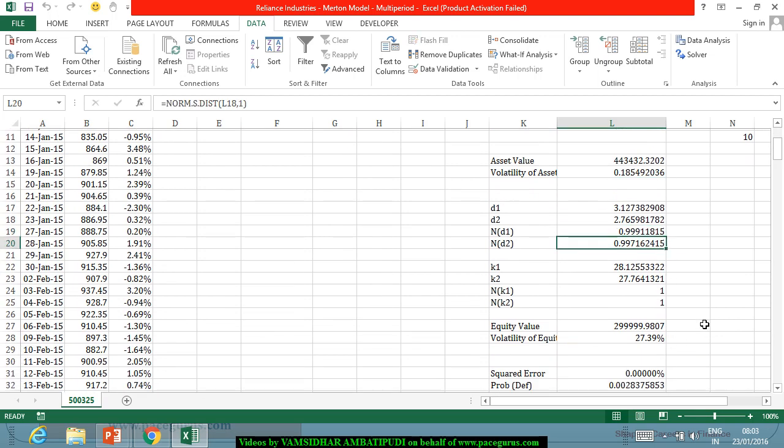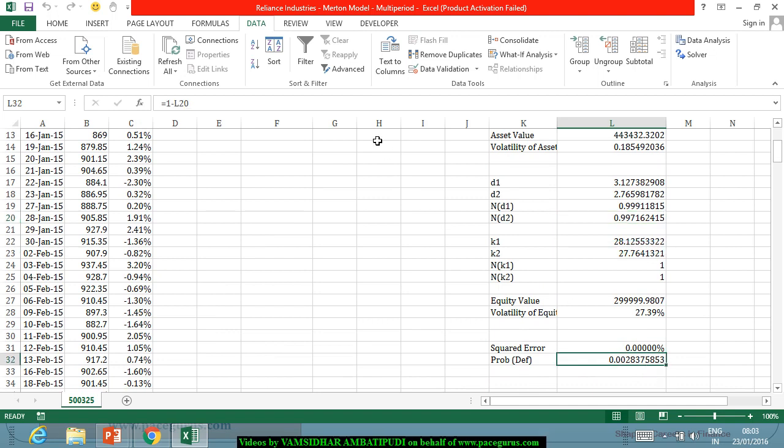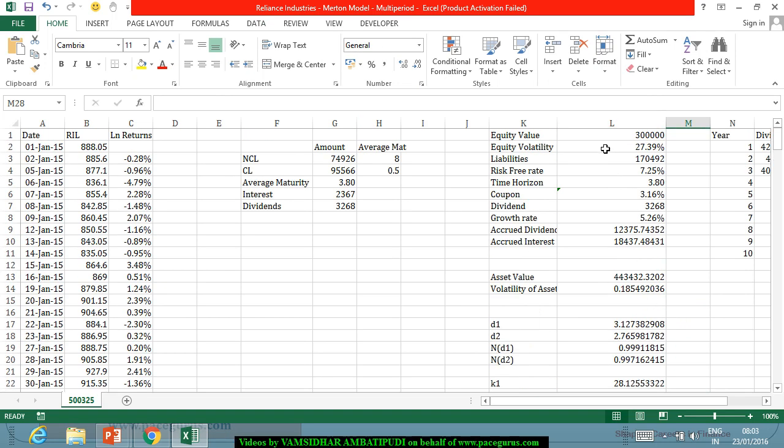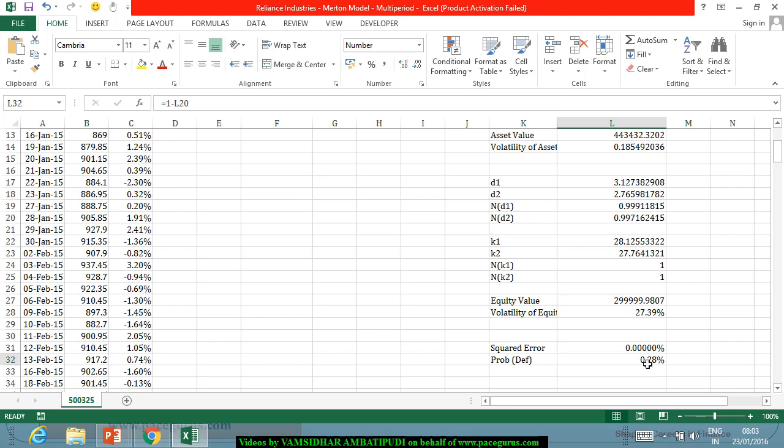Right, ND2 is only this much, then the probability of default is going to start. If the value of the equity is only 300,000, then within the next 3.8 years, there is a chance that the default can occur. There is a probability of 0.28% that the default can occur over the next 3.8 years.